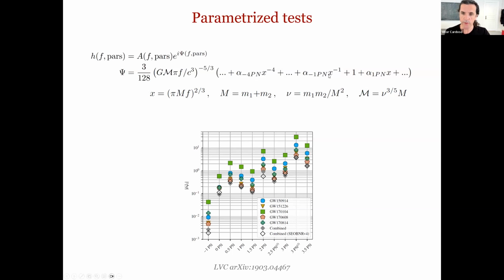So what I'm going to do is freeze all of these parameters except one to be the GR prediction, and see how much I can constrain this coefficient. And that's given here. This is the relative deviation with respect to what you expect in general relativity for the different PN orders.